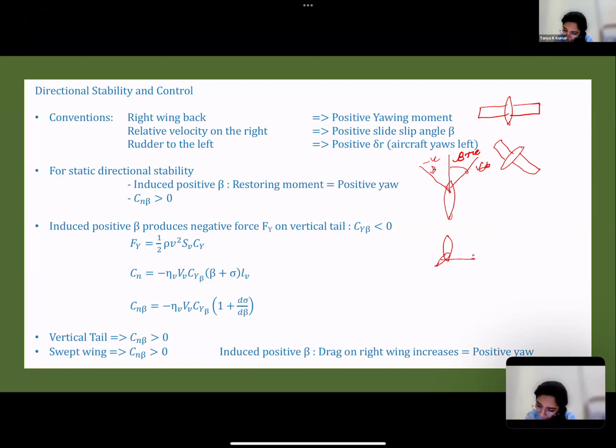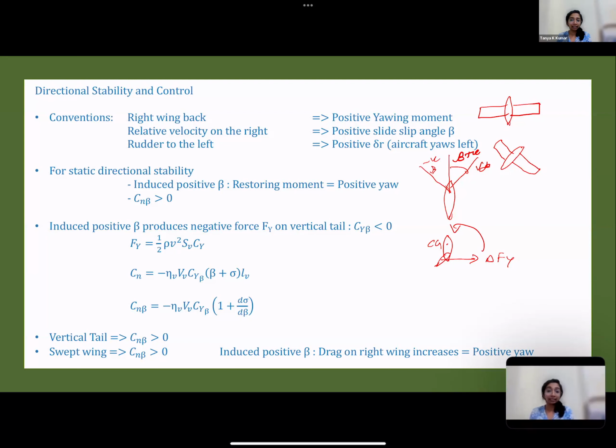It gives you an extra force, delta Fy, in the positive y-axis, which, if this is your CG, gives you a negative yawing moment, or yaws your aircraft towards the left. So deflection of the rudder towards the left yaws the aircraft towards left, and this is considered the positive rudder deflection, although it gives you a negative moment.